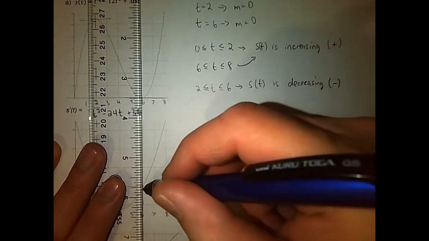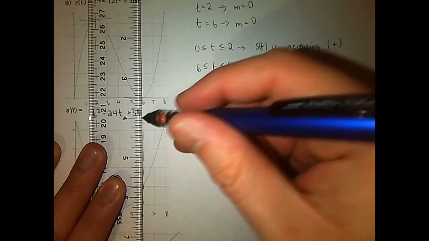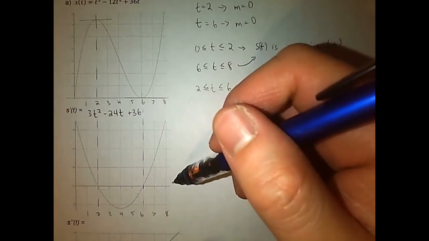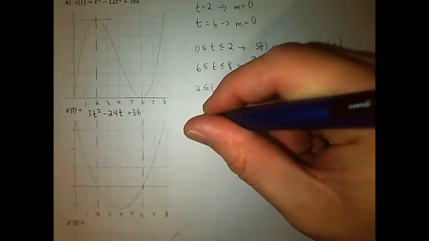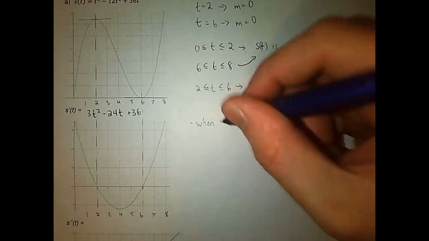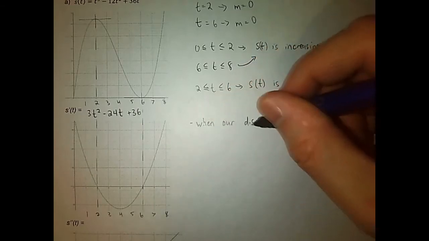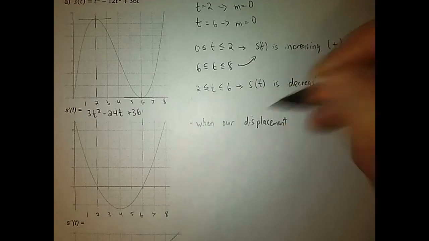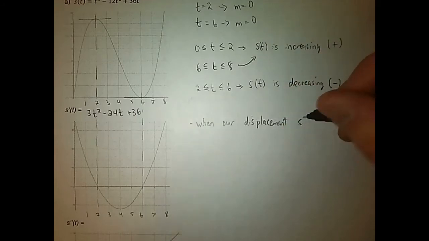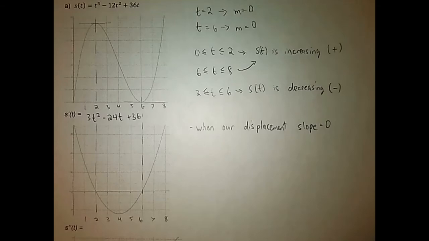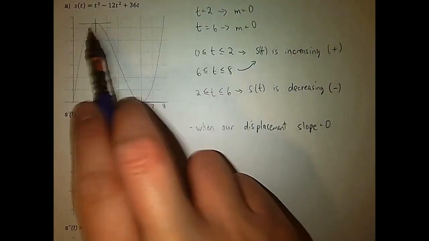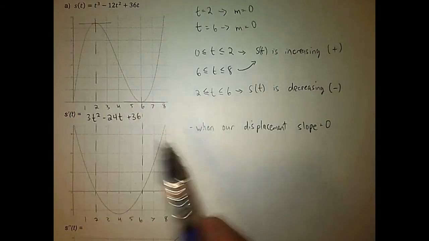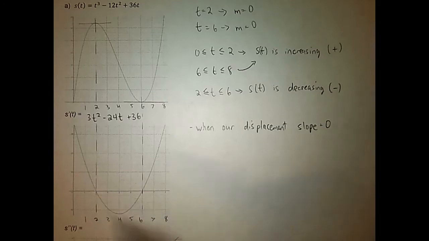It also lines up with an x-intercept on our velocity equation. So what we can say is, when our displacement slope equals 0, so when the slope on a displacement graph is 0, our velocity is 0.